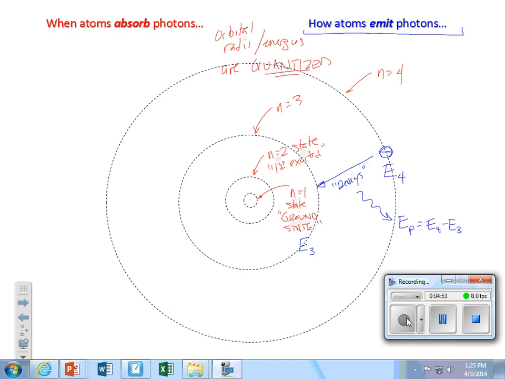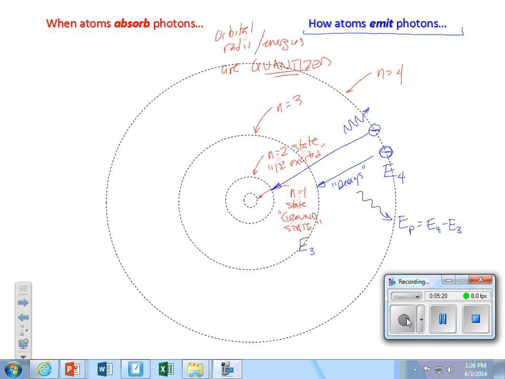Okay? Now, that electron could also, maybe, instead of dropping to n equals 3, drop all the way to n equals 2. And if it did that, this would emit a photon of more energy, right? This photon would have an energy of E4 minus E2. More energy, higher frequency. So I could draw that, almost like that.